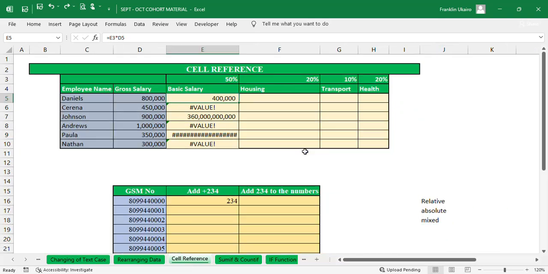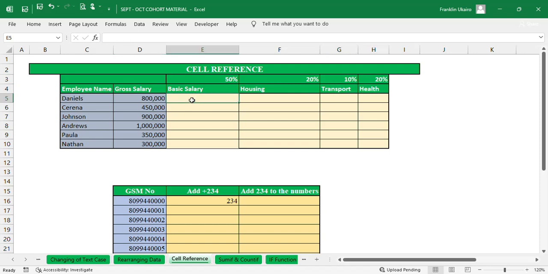I'll give you an example. In the figures we have here, by the way, this is a kind of HR data set. As you can see, we have the employee name column, the gross salary column, the basic salary column, housing, transport, and health.